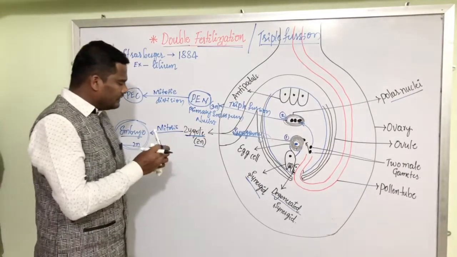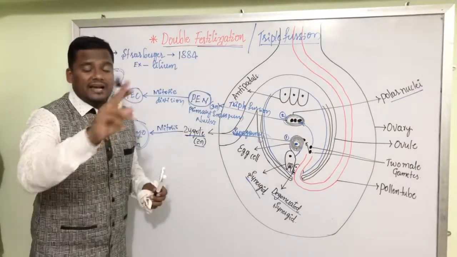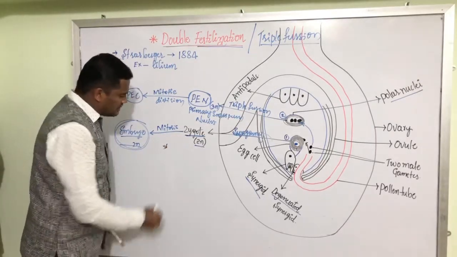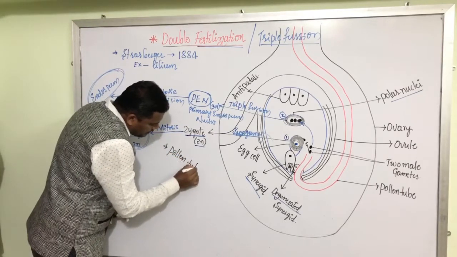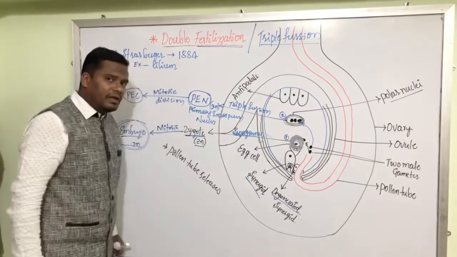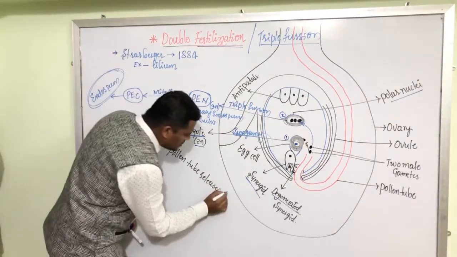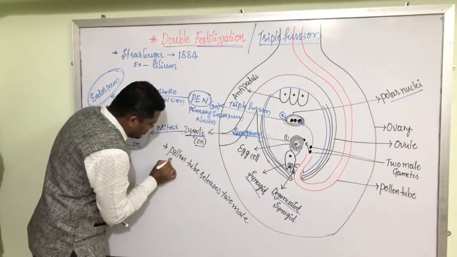Now, let us try to define double fertilization in a scientific way. Double fertilization means the pollen tube releases how many male gametes? The pollen tube releases 2 male gametes.